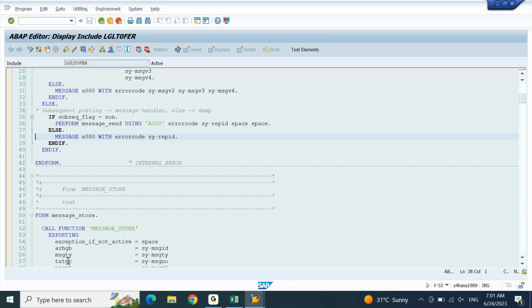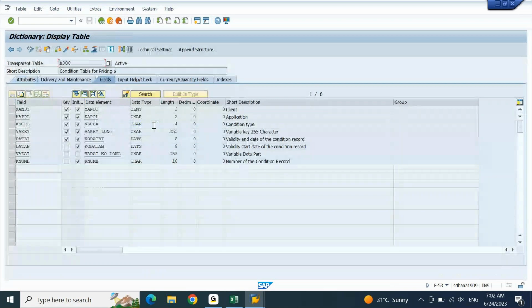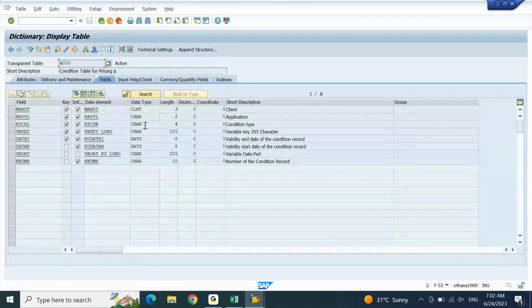Actually, in this screen, sometimes they write the logic in plain English, or this is a commented line: subsequent posting message handler is dumb. So somebody is using this A000. Pricing.